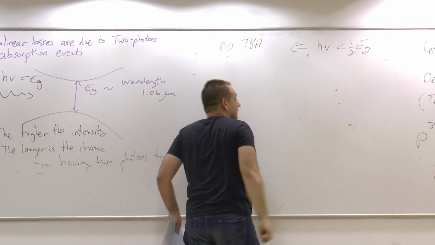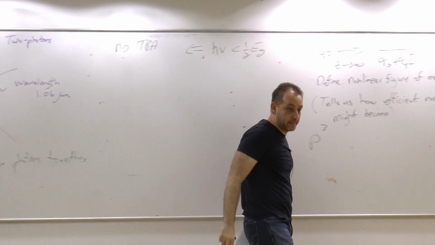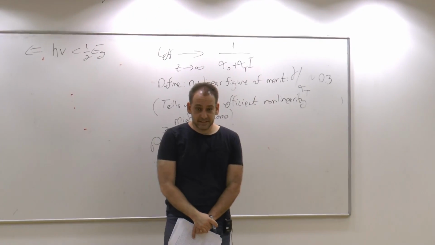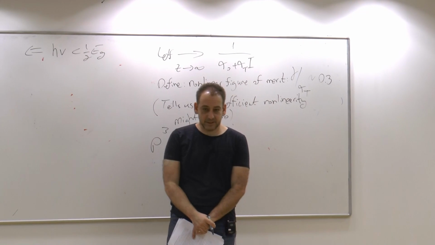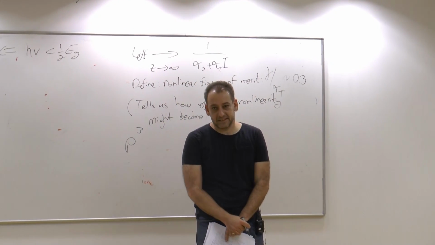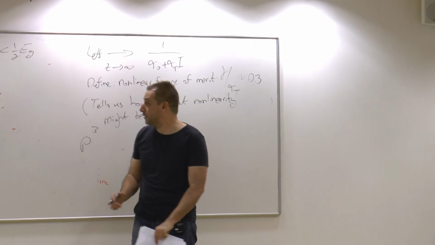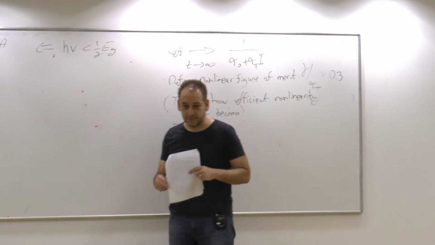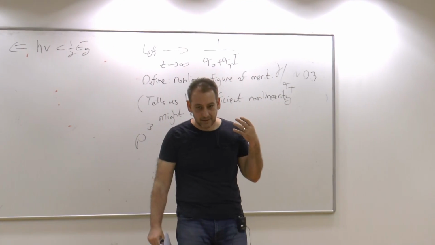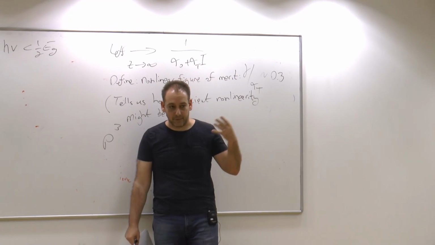two-photon absorption, TPA. These are the acronyms. Only trouble is, in silicon, this will push us towards the middle infrared. Actually, you don't have to go quite that far, because the efficiency of TPA drops as we begin to approach half of the band gap.